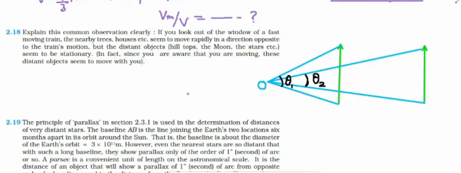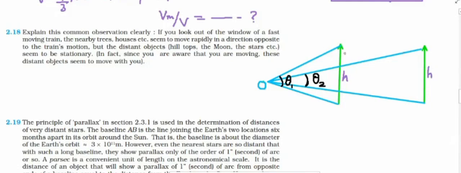In fact, since you are aware that you are moving, these distant objects seem to move with you. Okay. So, what is the question? You can take two objects of same size. For example, you can imagine two trees of height h, something like that.